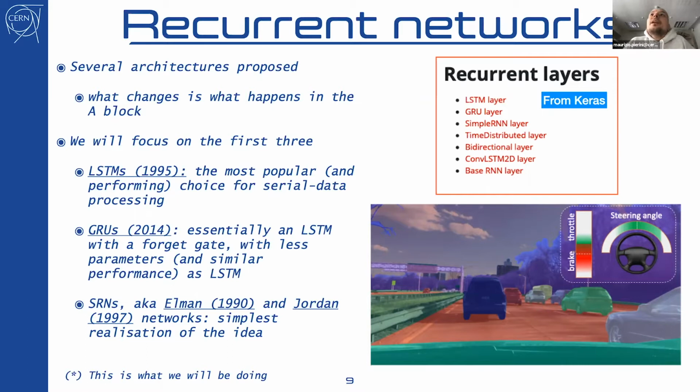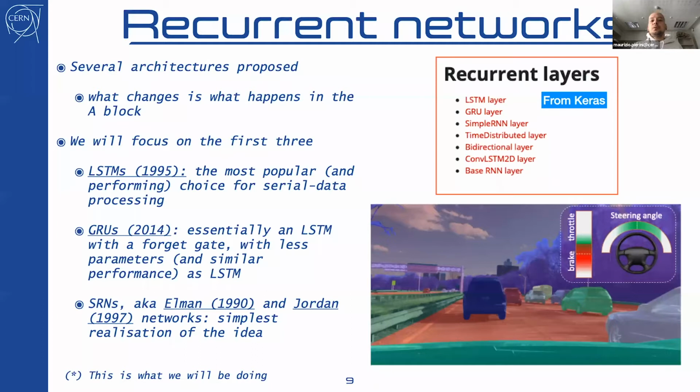There are several architectures. Recurrent networks, to some extent, are a paradigm, but then there are different realizations of recurrent networks. I didn't say this before: unlike convolutional networks, these are not feed-forward neural networks, in the sense that the input is processed sequentially and not in one shot.